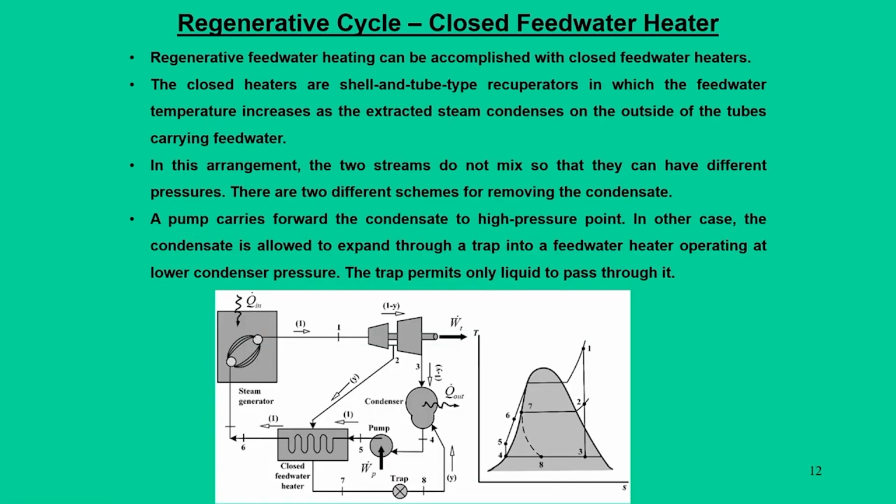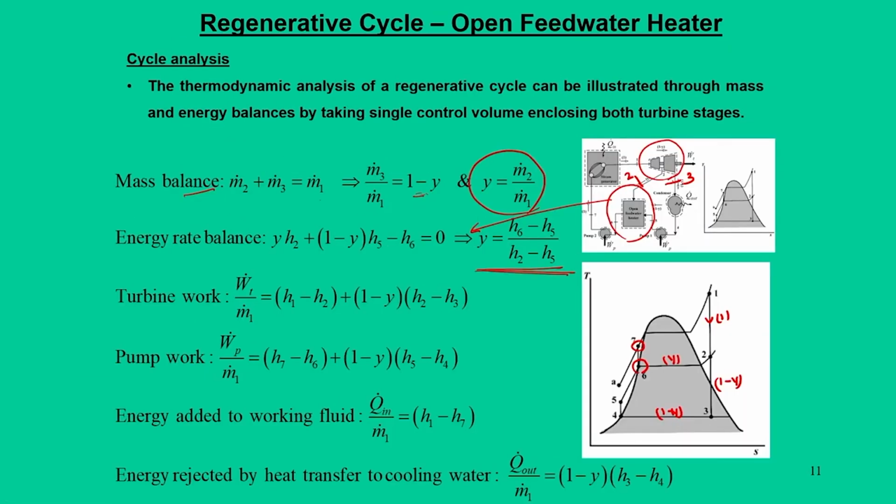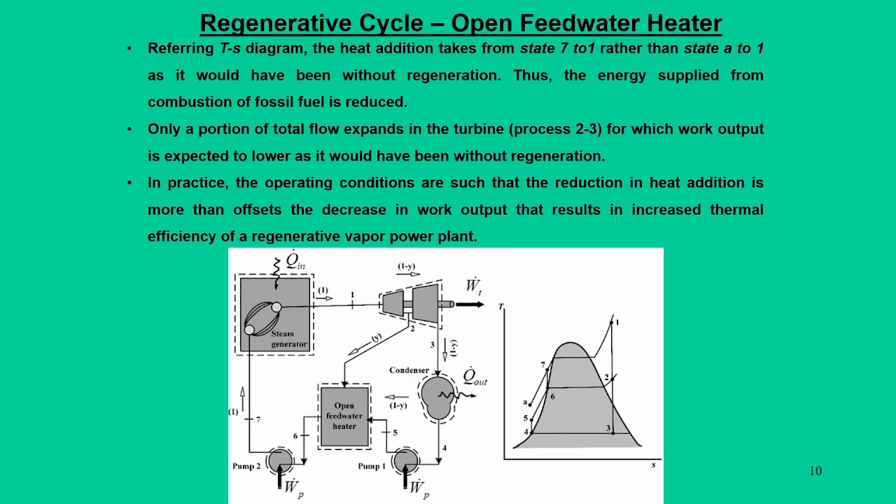Now, there is another method. If you look at this open feed water system, there are two pumps, that is pump 1 and pump 2. Pump 1 stands for pumping the condensed 1 minus y unit of steam, whereas pump 2 stands for pumping the entire unit of mass that enters at state 6, and it takes it from the pressure at 6 to the boiler pressure.